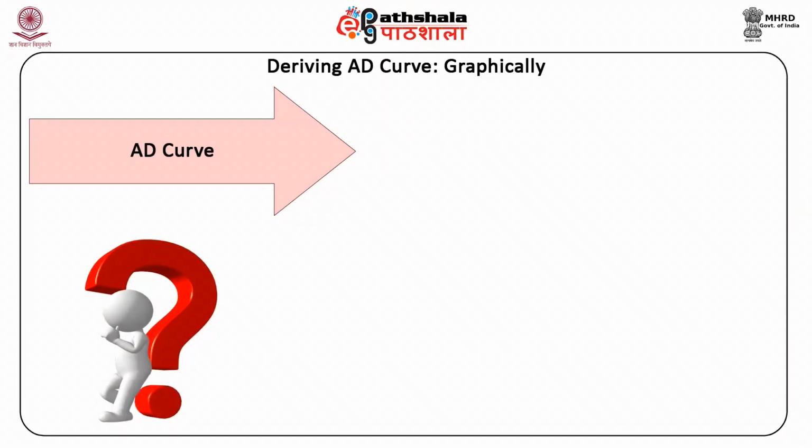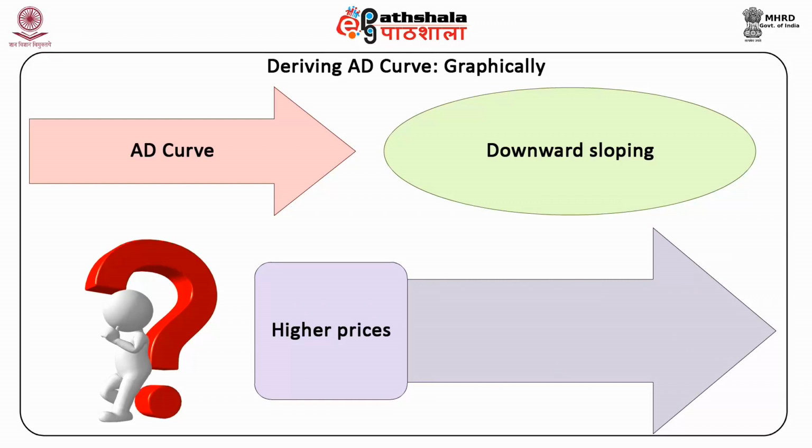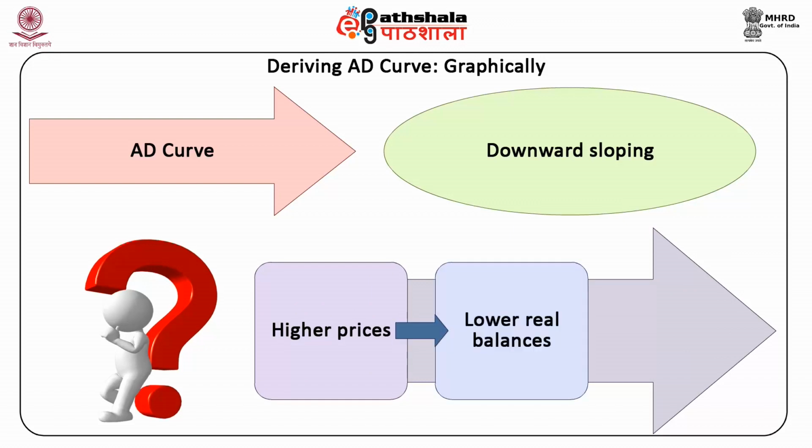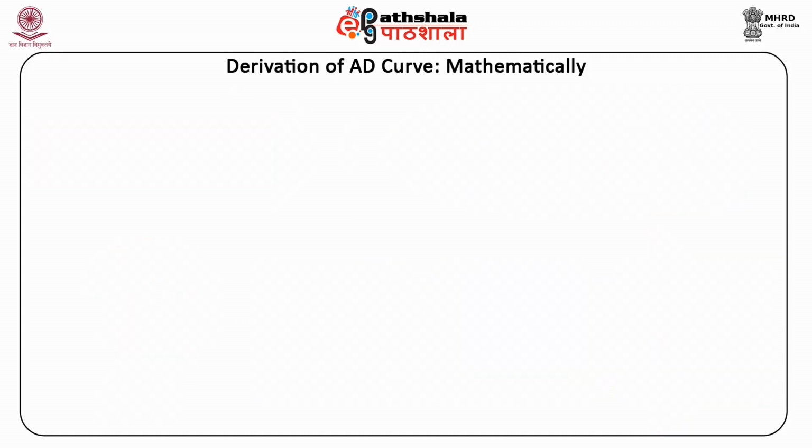The aggregate demand curve is downward sloping. That is, at higher price levels, there are lower real balances and hence a lower equilibrium level of spending and output. Let us understand how the aggregate demand curve is derived mathematically.